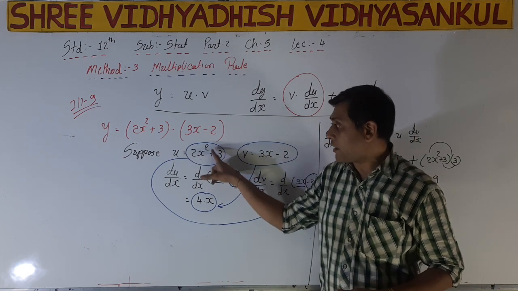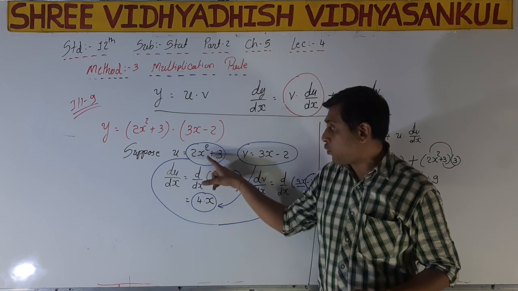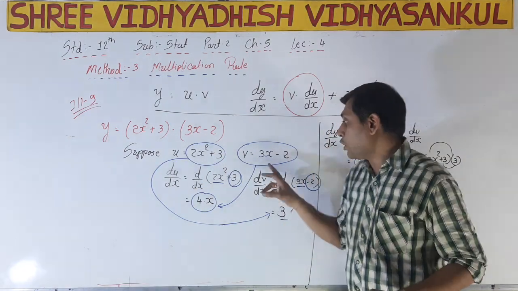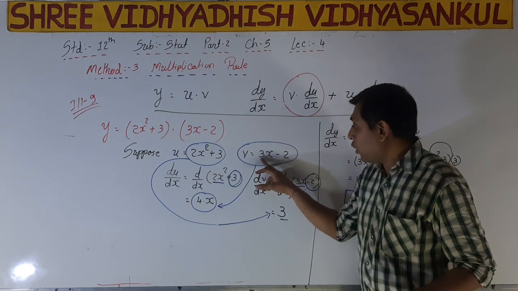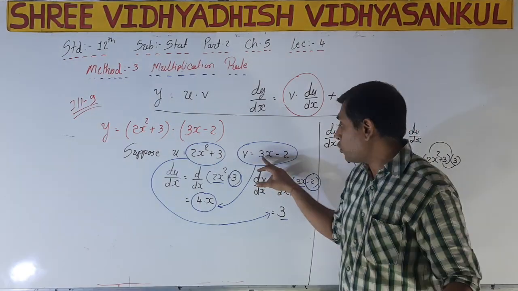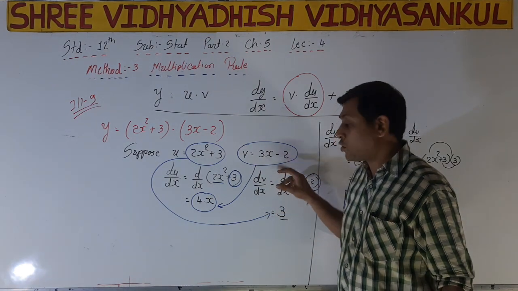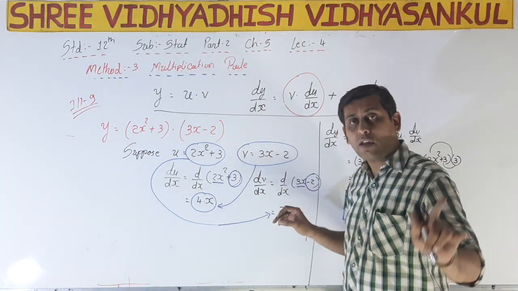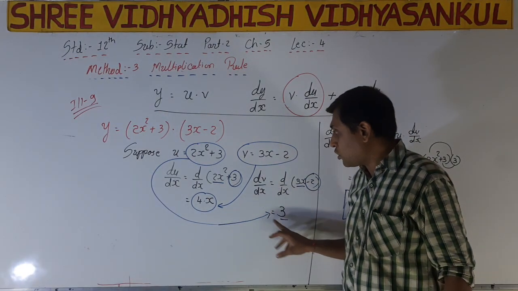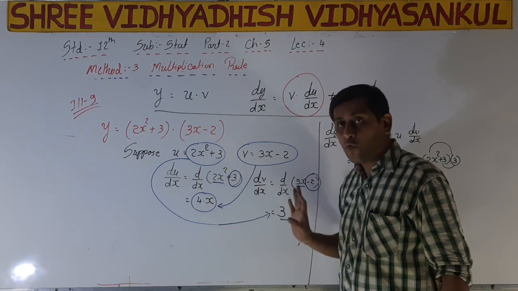What is du by dx? 2 2s are 4x, and the differentiation of 3 is 0. Again 3x gives only 3, because the differentiation of x is 1. So 3 is your final answer, because 2 is a constant and its differentiation is 0. That's why dv by dx is 3 and du by dx is 4x.